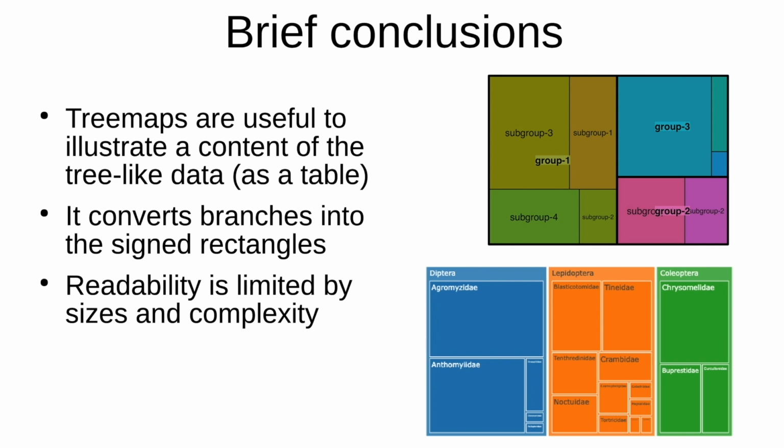It will convert branches of this structured info into colorful rectangles, but be reasonable with the complexity and sizes, because small elements will either miss signs or the font size will be so small you will not be able to read it anyway. So readability is limited. You can probably do it in parts if the table is big, but it is certainly useful.